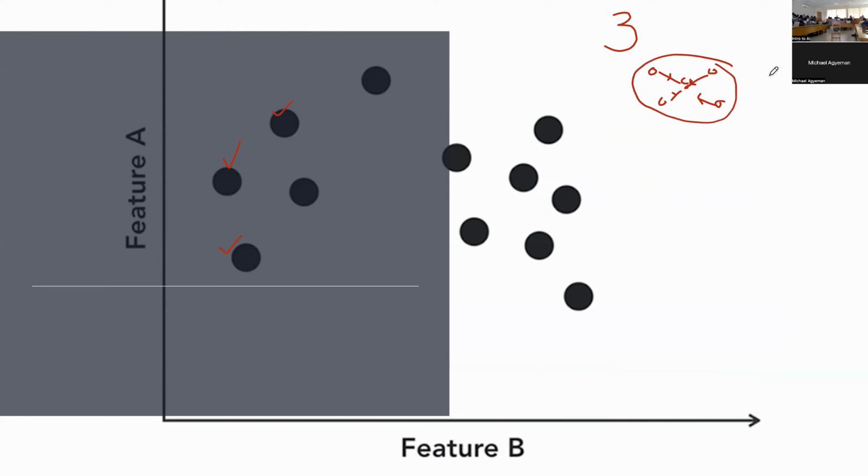The approach used to find the clusters in k-means is called expectation maximization. So we'll split it into the expectation phase and the maximization phase as well.